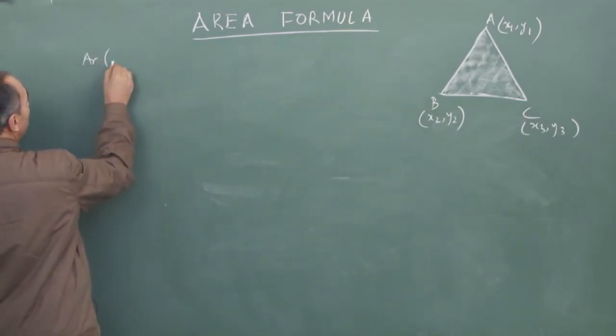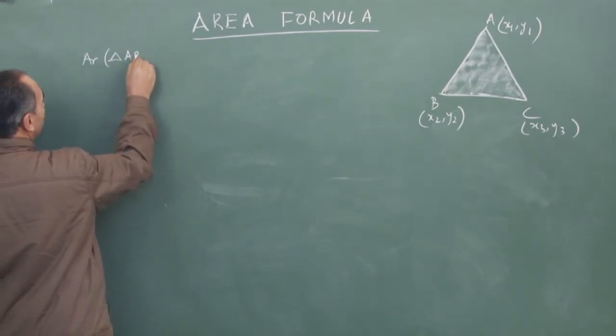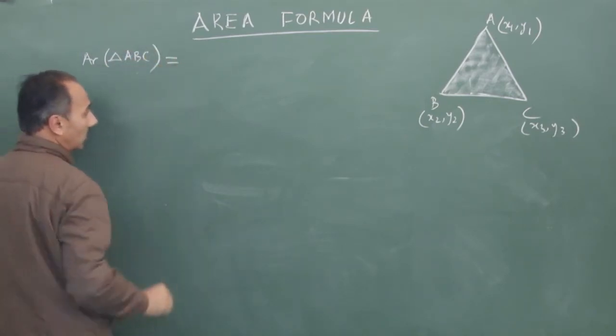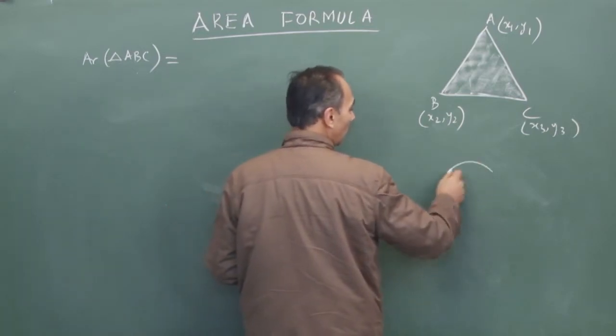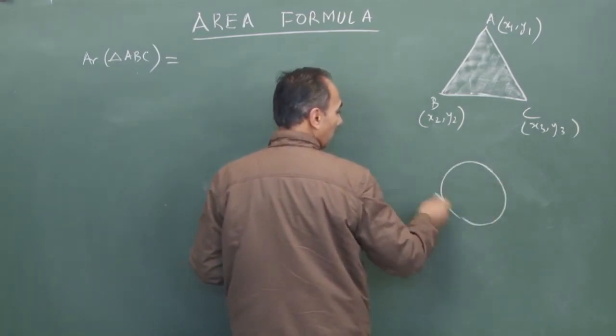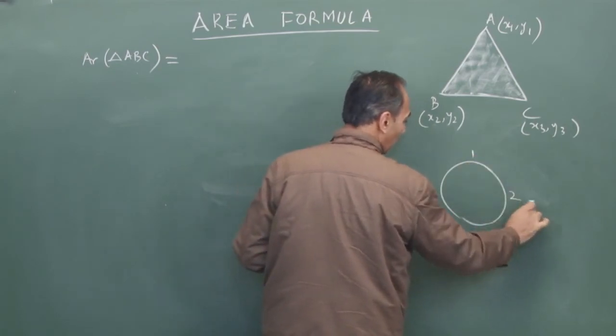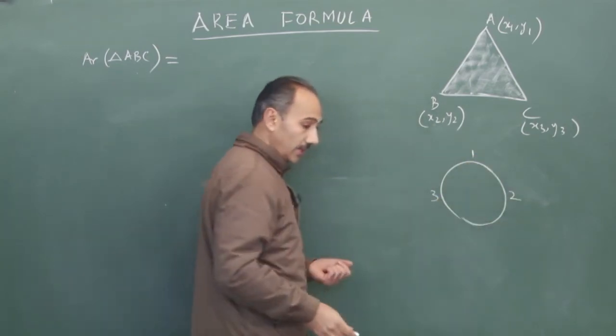So the area of triangle ABC is, I will be writing the formula, but to write the formula, I would ask you to remember that 1, 2, 3 are to be written this way in a cyclic order.